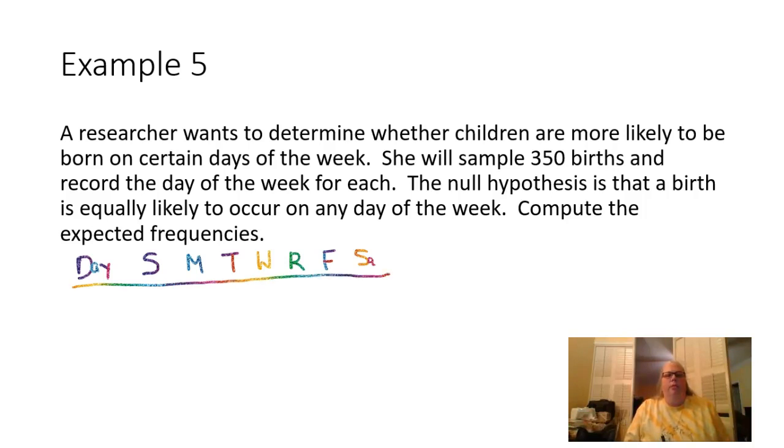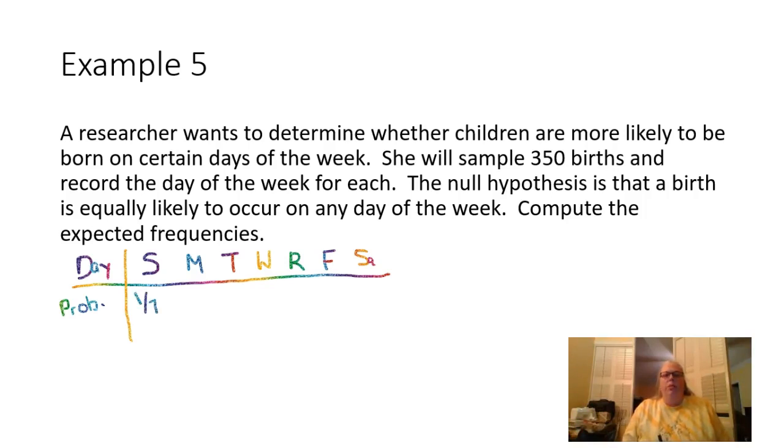All right, now the next one, we want the probability. Well, it says that a child is equally likely to be born on any day of the week. And since there are 7 days in the week, the probability that a baby is born on Sunday is 1 out of 7.